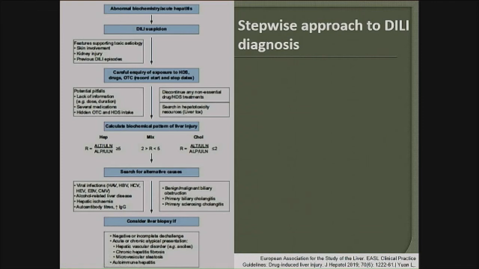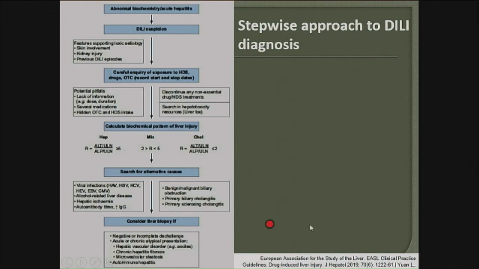We then have to carefully inquire about exposure to herbal or dietary supplements, drugs, and OTC. Then we have to be careful of potential pitfalls like lack of information, for example dose or duration, combination of several medications, or hidden over-the-counter, herbal and dietary supplements. Then we have to calculate the R ratio.